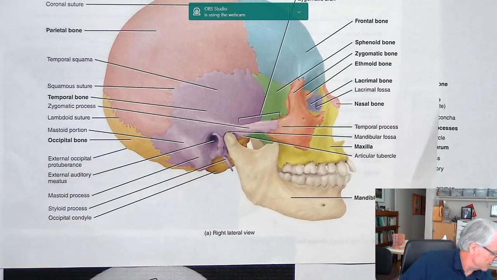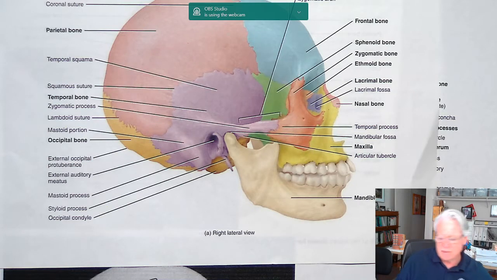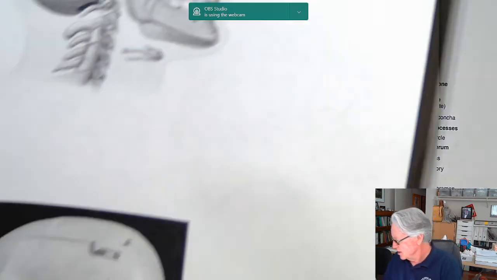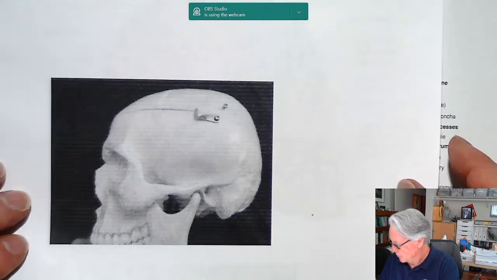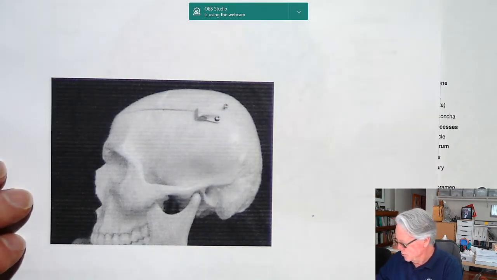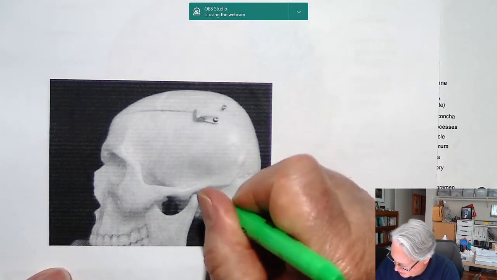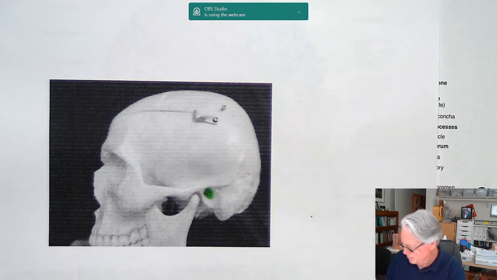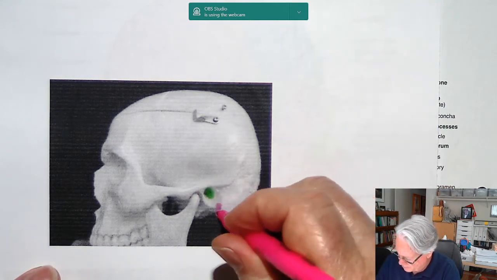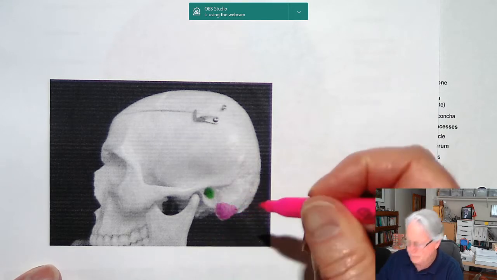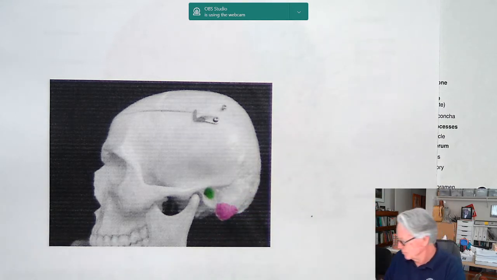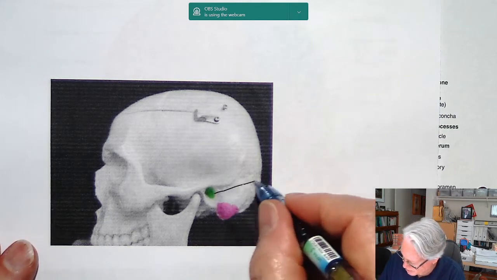And let's see if I have a good image of that. Let's see if I can find, yes. All right, so I'm going to, page 5. Page 5. Here we go. So I think I did this one in green. That's the external auditory meatus. And I'm going to go ahead and do this one in pink. So once again, in green, this is page 5.